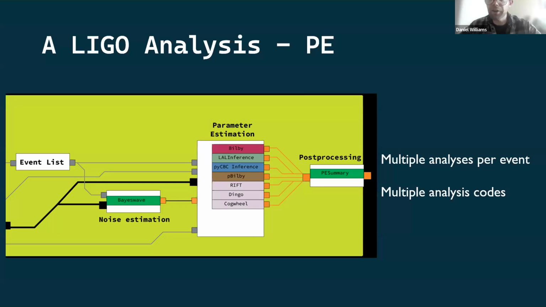There are many, many other parameter estimation codes, which I'm not going to have time to talk about, but some of those are produced by scientists within the LVK, and then some are produced by our collaborators outside of the LVK in the broader astronomical community. So there are many, many options and many different approaches to actually doing this, but Bilby is the one which we have used to produce the last few catalogs. So that's what I'm going to talk about briefly.